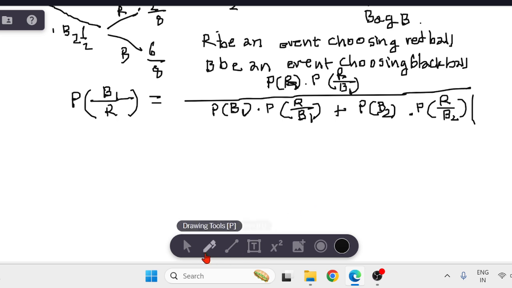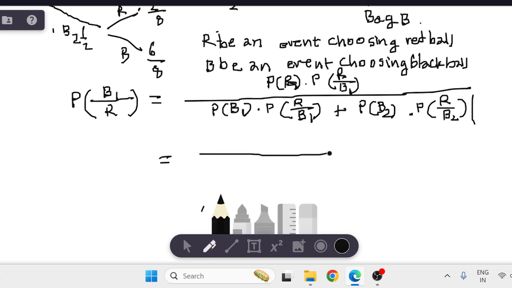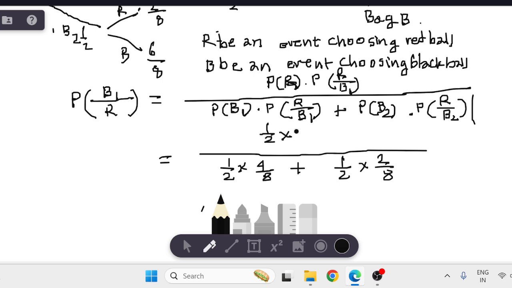If you look at the branches, it's the same. First, I'll write the total probability, that is half into 4 by 8 plus half into 2 by 8. On the top it will be half into 4 by 8.